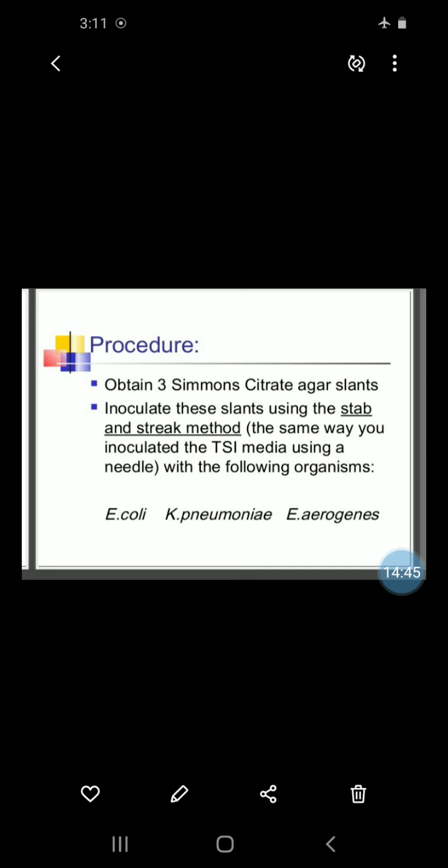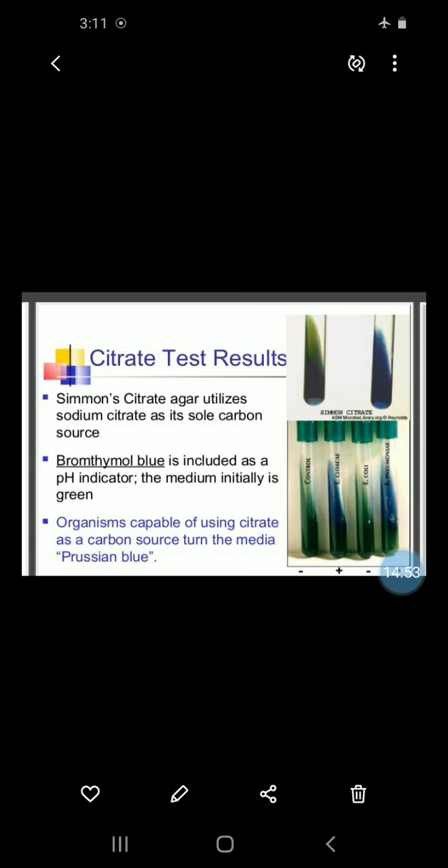Then inoculate the following organisms: E. coli, K. pneumoniae and E. aerogenes. So what are the results or observations for this test? Simmons citrate agar utilizes sodium citrate as its sole carbon source.